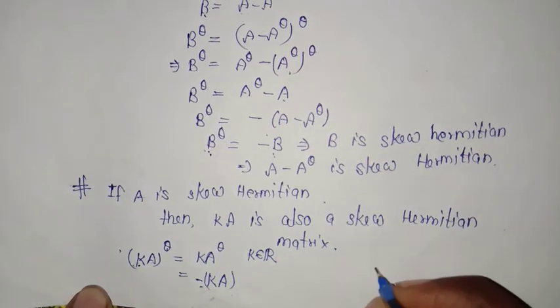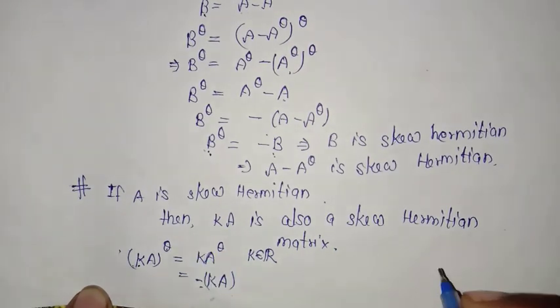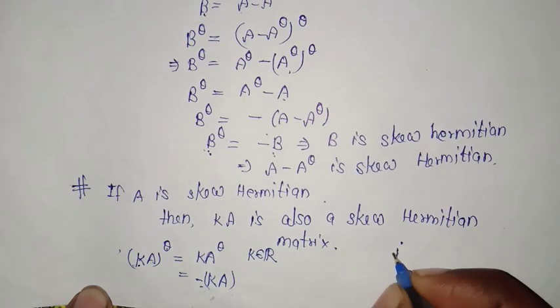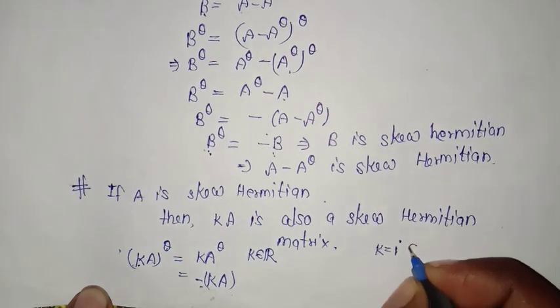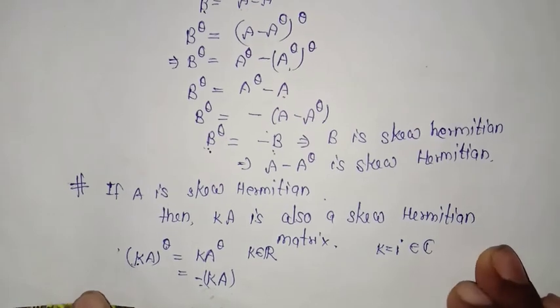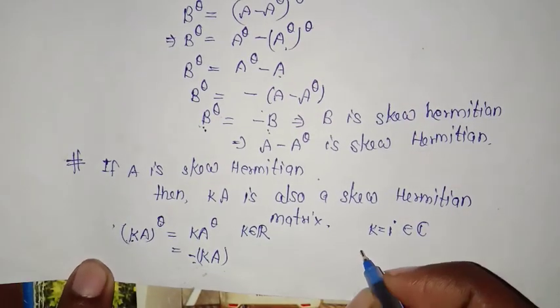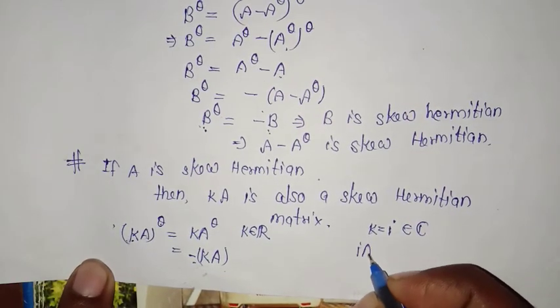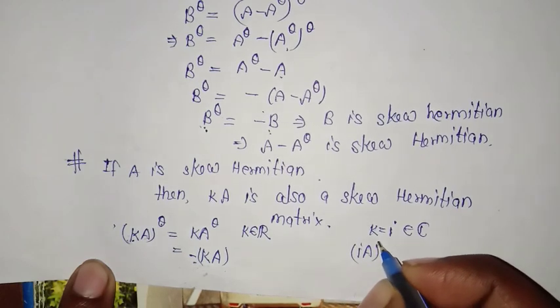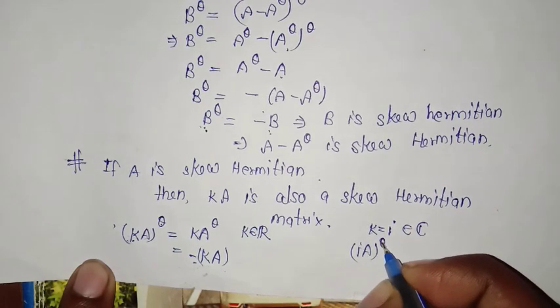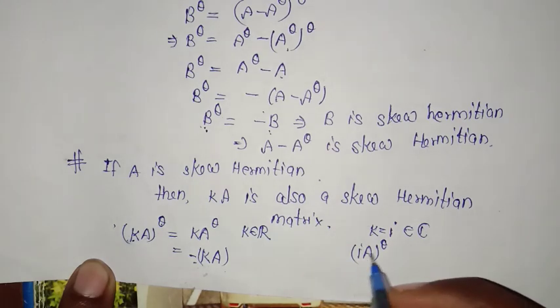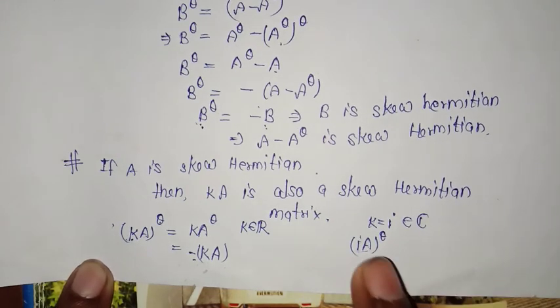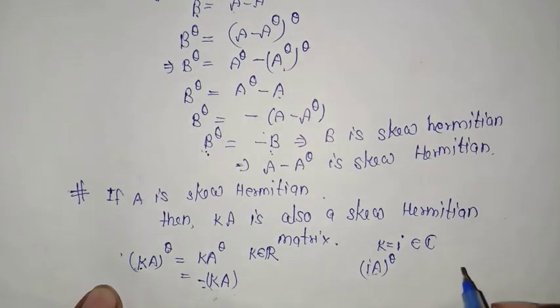Now if I take k from the set of complex numbers, that is, if I take k equal to i, belonging to the set of complex numbers, this is also a scalar, and I take the conjugated transpose of iA, that is the scalar multiple of A, where the scalar is coming from the set of complex numbers.